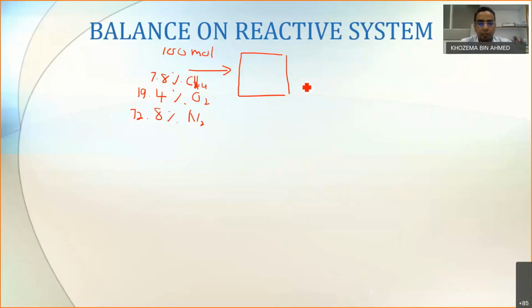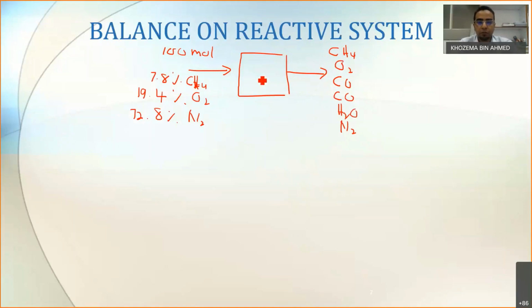Since we know the conversion, there's going to be unreacted methane in our product stream. So we'll have CH4 unreacted, oxygen unreacted, and then our products CO, CO2, H2O, and also inert nitrogen. This is the composition in our product stream.